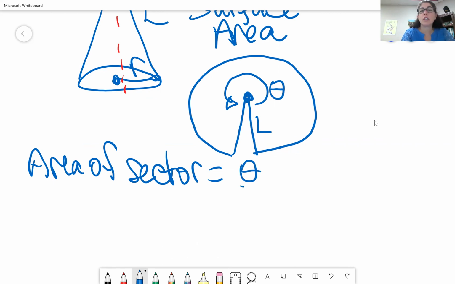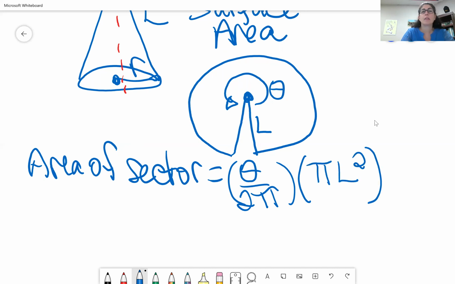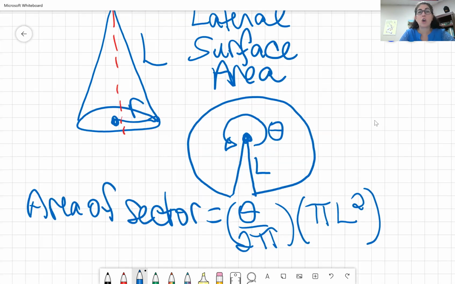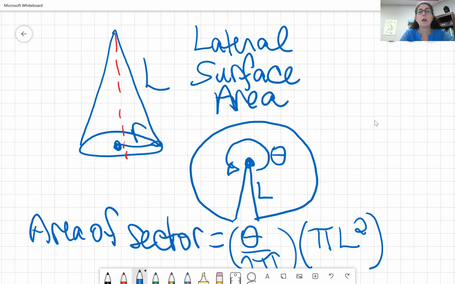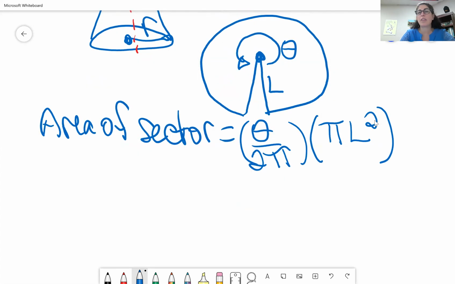The fraction is theta over 2 pi. It's a fractional part of the area of the circle, pi L squared. Now, assuming that I know this sector comes from the cone above here, I know what L is, but I don't know what theta is. So I need a formula for theta.